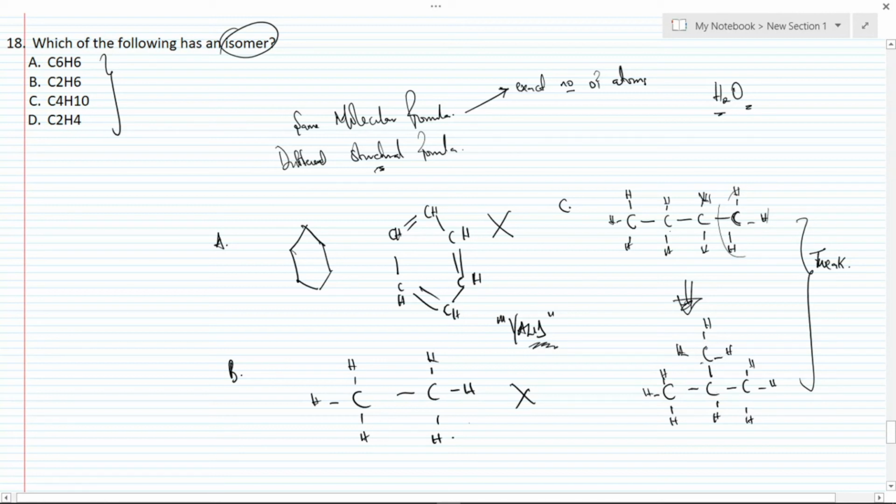How do we know it's valid? Well, first and foremost, all the carbons still maintain their 4 bonds and also we stick to the molecular formula C4H10. If you were to count the number of carbon and hydrogen here, you would see it's C4H10, and same thing here. The last option, option D, that's C2H4.